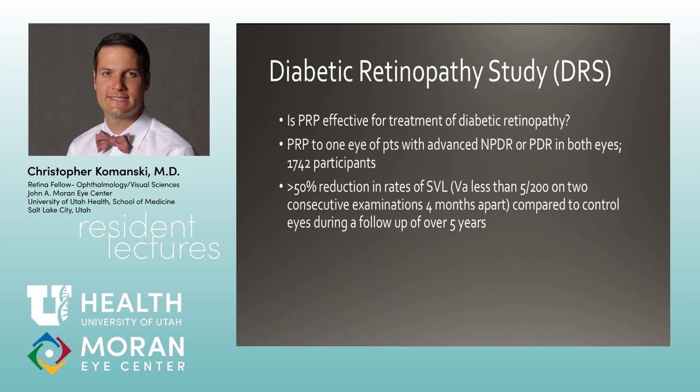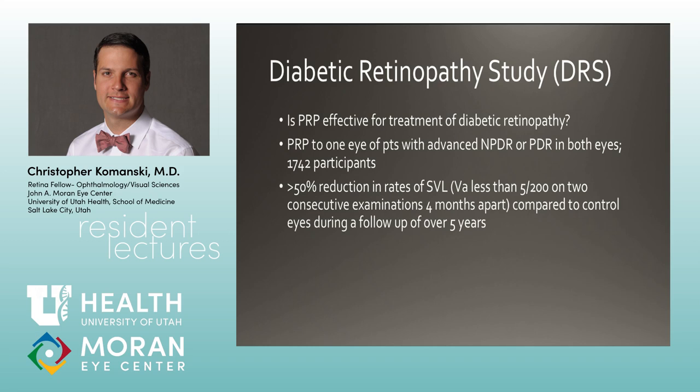Then they looked at the rates of severe vision loss between the two eyes, defined as visual acuity less than 5/200 on 2 consecutive examinations 4 months apart, compared to the control eye that did not get PRP. They were able to follow these patients for 5 years. Really impressive study of almost 2,000 patients.